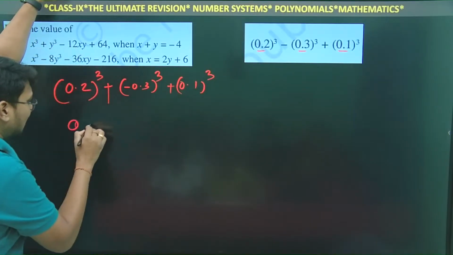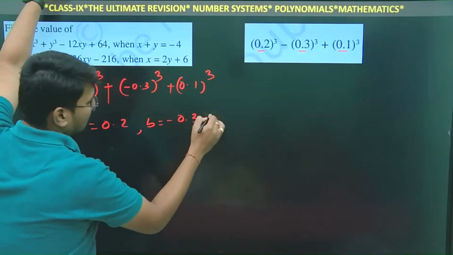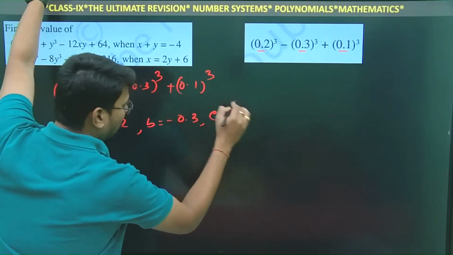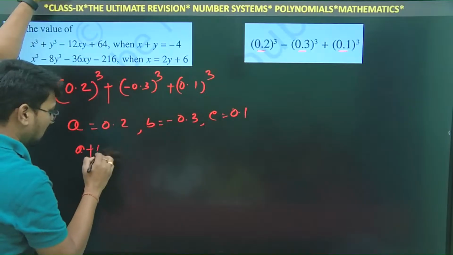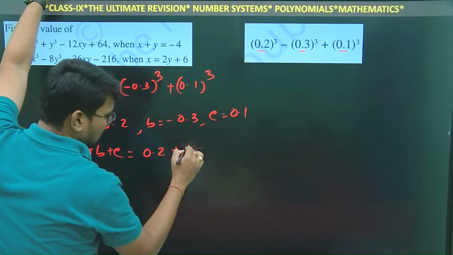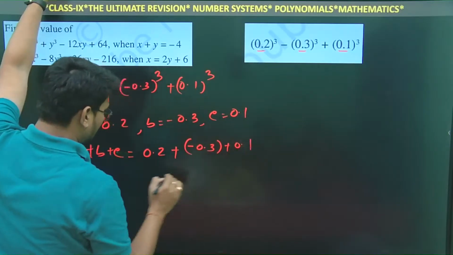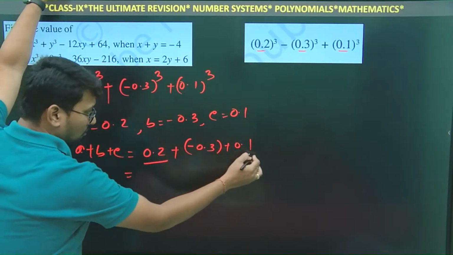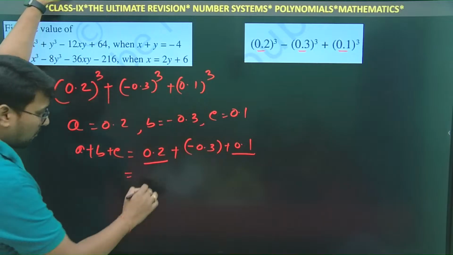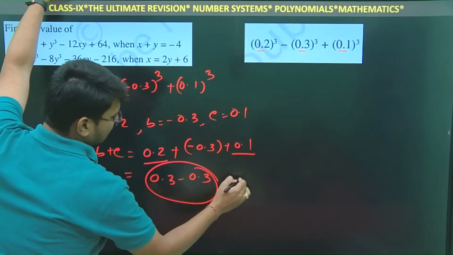So children, here a is 0.2, b is minus 0.3, c is 0.1. Therefore a plus b plus c is 0.2 plus minus 0.3 plus 0.1. 0.2 plus 0.1 is 0.3, minus 0.3, so it is 0.